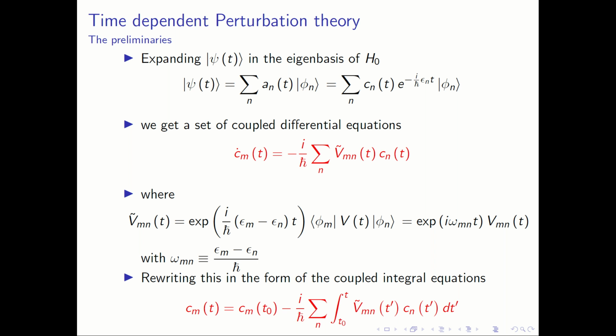But to first order in perturbation theory, what we can do is get the first order approximation for the c_m(t)s, these coefficients, simply by replacing all the c_n(t') inside this integral by the initial value c_n(0). Just to remind you, why does this work?